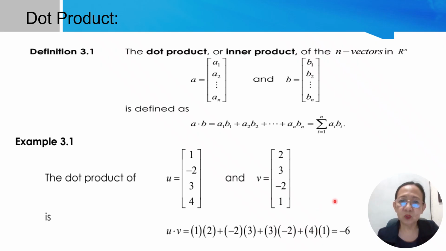Simplifying: 1 times 2 is 2, plus -2 times 3 is -6, so 2 plus -6 is -4, added to -6 gives -10. Then -10 plus 4 is -6. So the product UV is equal to -6.